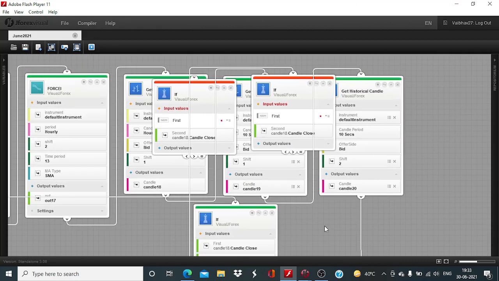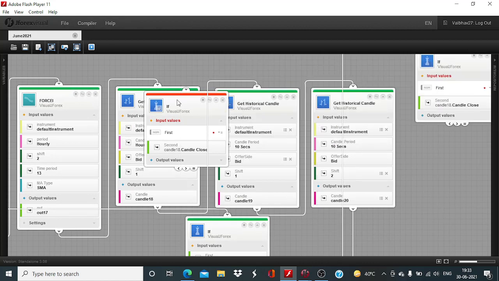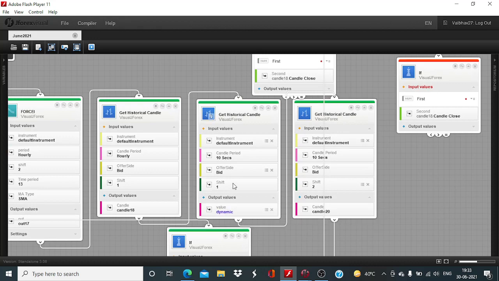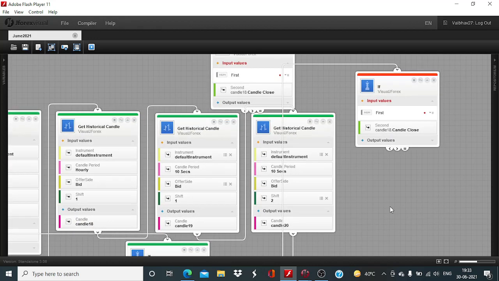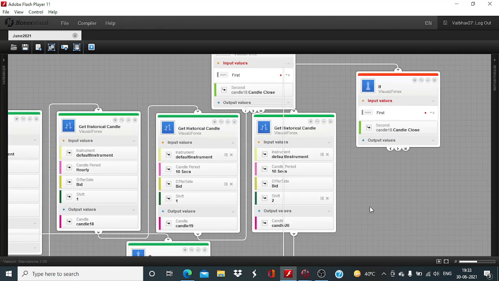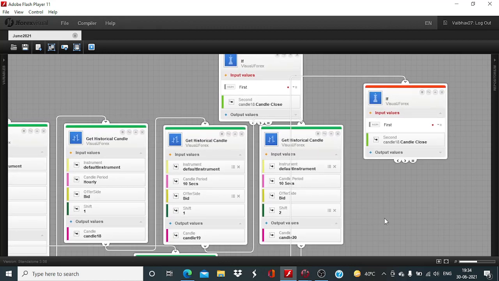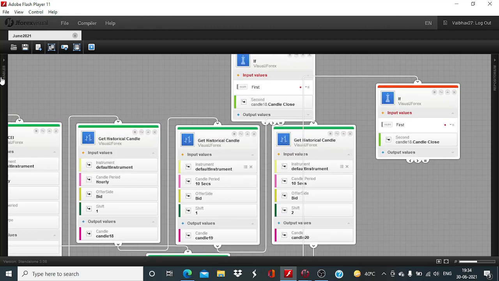and provided these conditions are in place, we will be going for the trade as and when the candle 19's closing value drops below the candle 18 candle close, while the candle 20 candle close was above the candle 18 candle close. Okay, these are 10-second blocks.